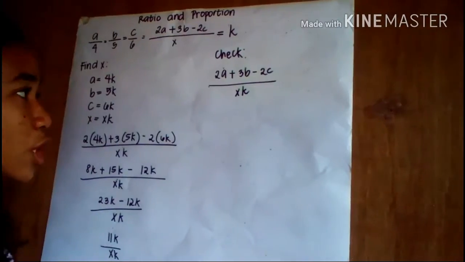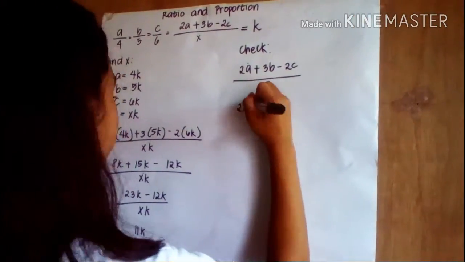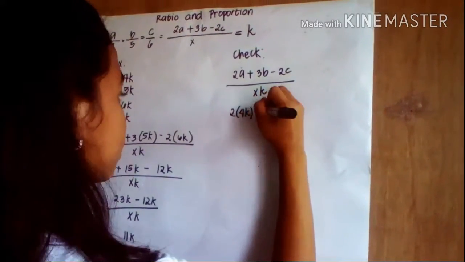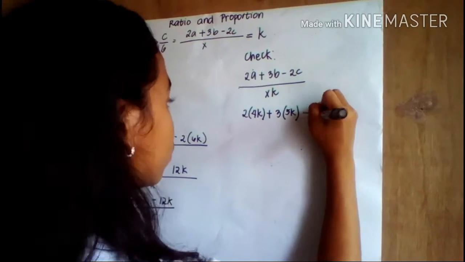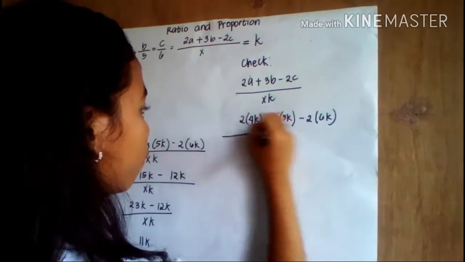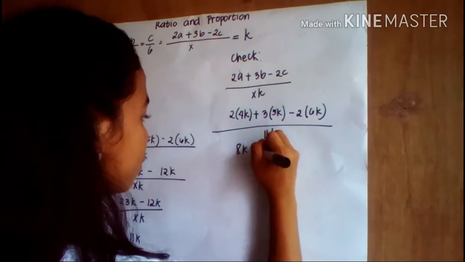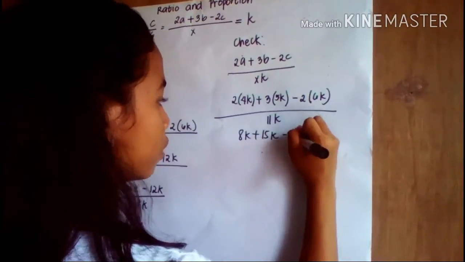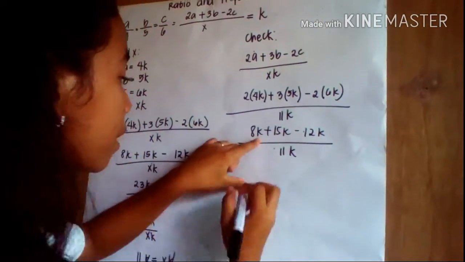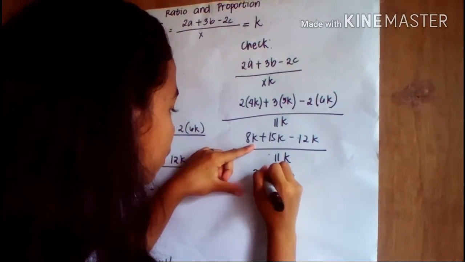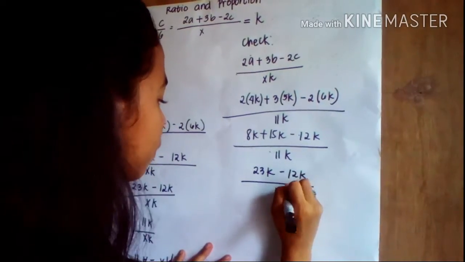Don't forget to write the original equation before substituting the values. 2 times 4k plus 3 times 5k minus 2 times 6k over 11k. 8k plus 15k minus 12k over 11k. 8k plus 15k is 23k, minus 12k, over 11k.